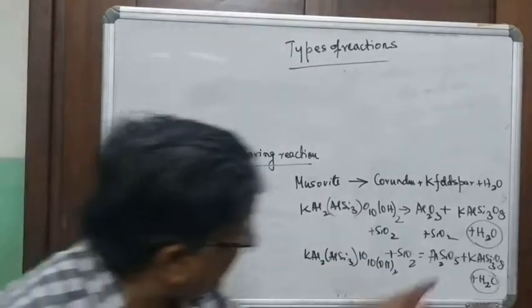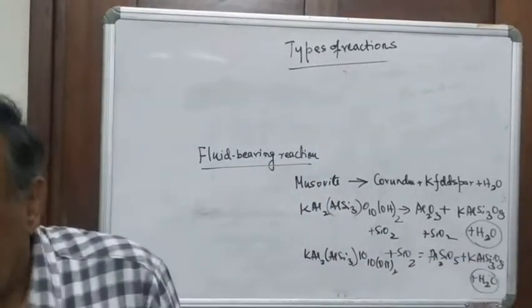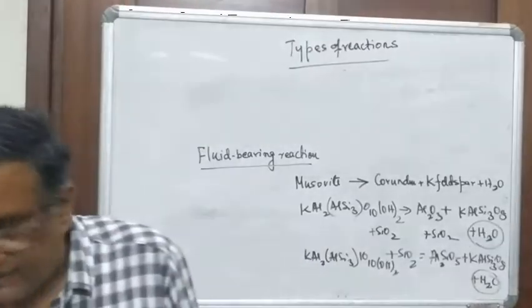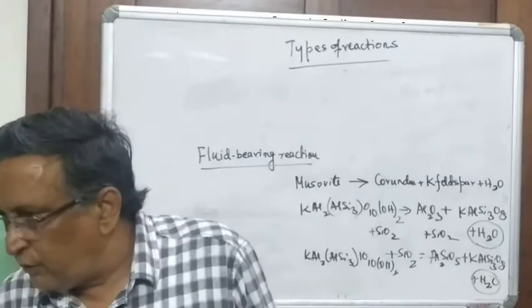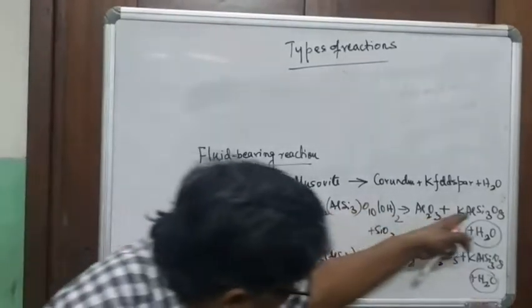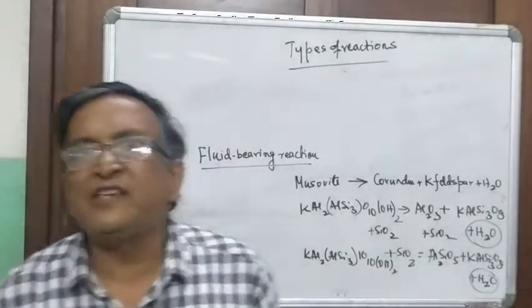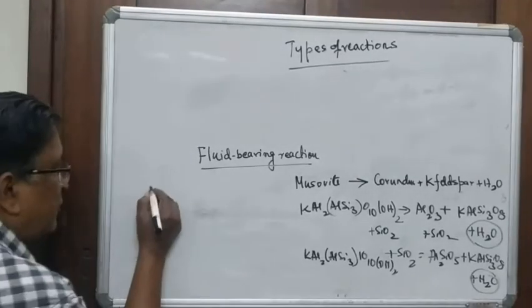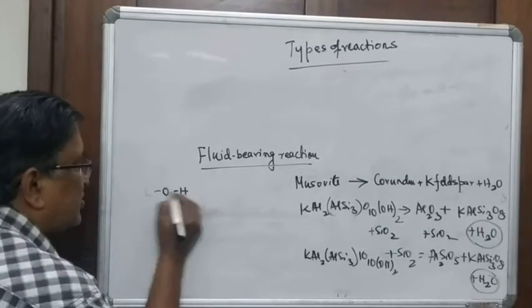But when I say H2O, I have not said whether H2O exists as a fluid, whether it's a fluid present situation or a fluid absent situation. I have said nothing. What I said, in order to balance the reaction, H2O has to be added to this. But your fluid could be in the COH system.